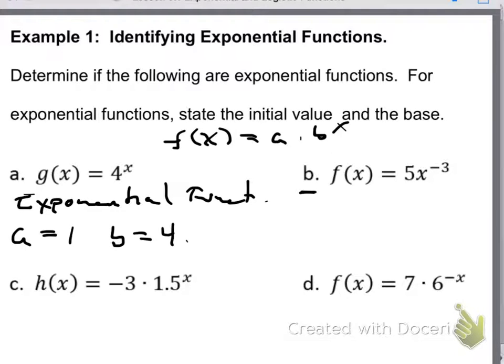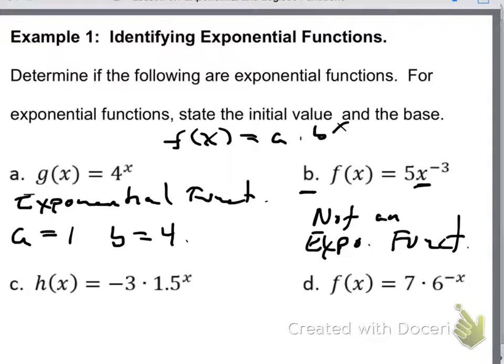In B here, this is not an exponential function because notice how x is the base. In order for it to be an exponential function, the variable x has to be the exponent. So this is not an exponential function.